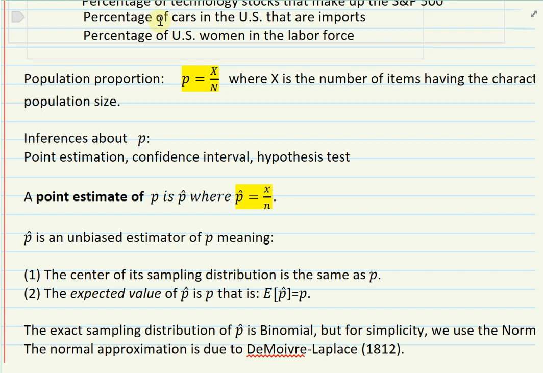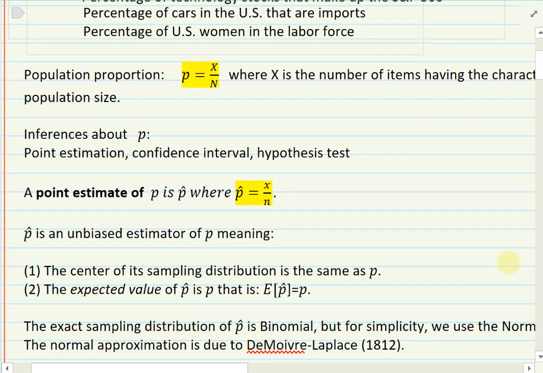Number one is, and so is number two. In number two, what we're saying is that the expected value, or think of it as the average of P hats in repeated sampling, yields the population percentage P. But remember, in reality, we only take one sample. We don't take repeated samples.